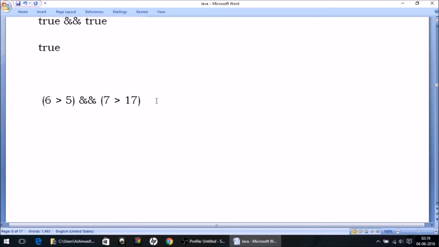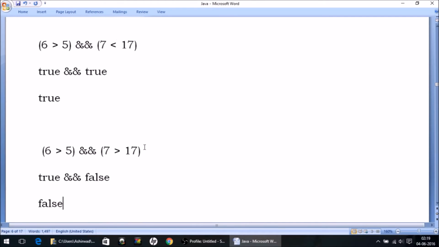The second example, 6 greater than 5. Yes, so we write true. We write the AND operator. Then 7 greater than 17. No, it is false. So we write false. And since we have got a false value, we can conclude that the ultimate value is also going to be false. So I hope the AND operator is clear to you.